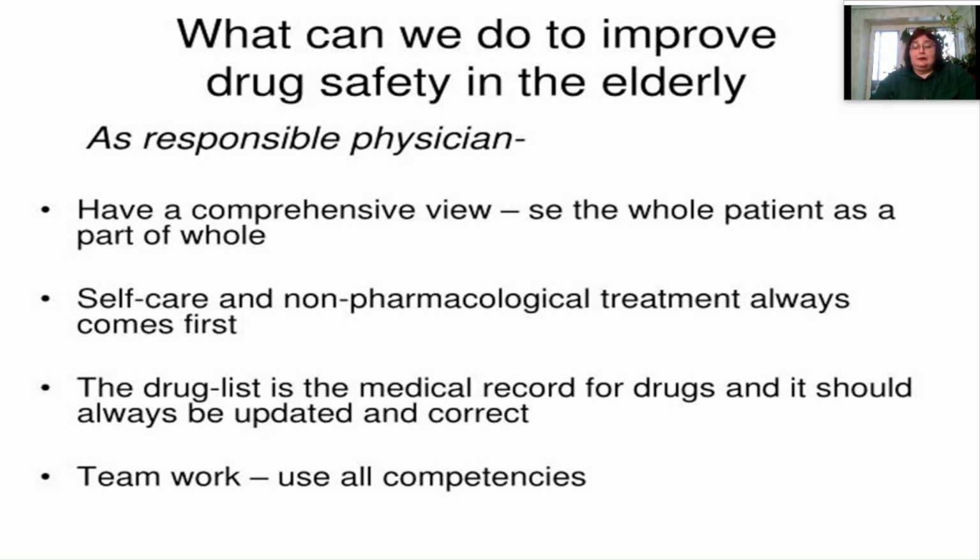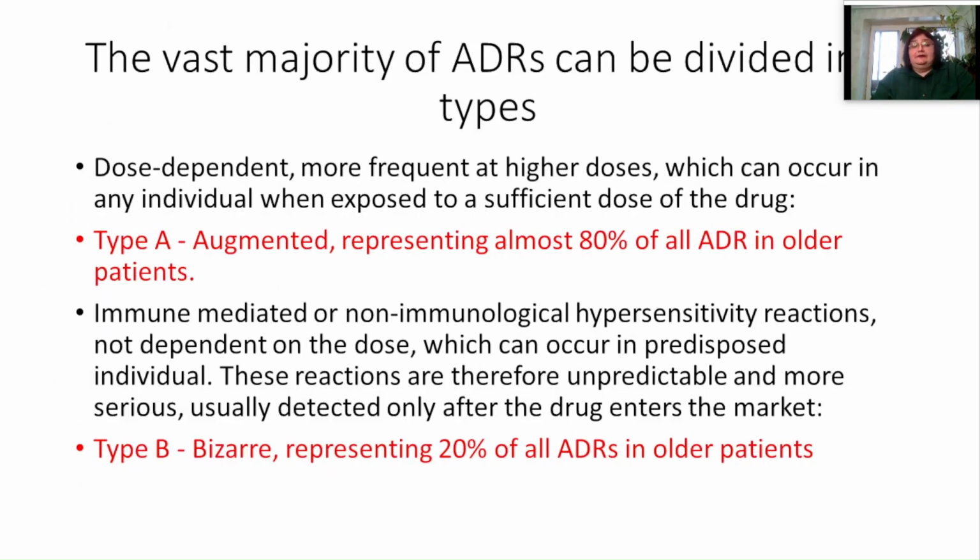Teamwork and user competencies matter. The vast majority of adverse events can be divided into two types. Type A is dose-dependent, more frequent at higher doses, and can occur in any individual exposed to a sufficient dose of the drug.